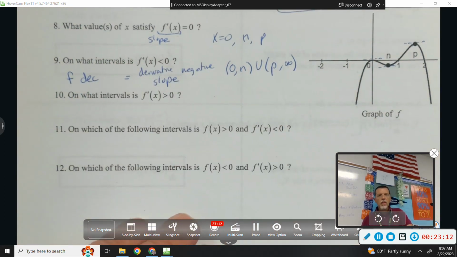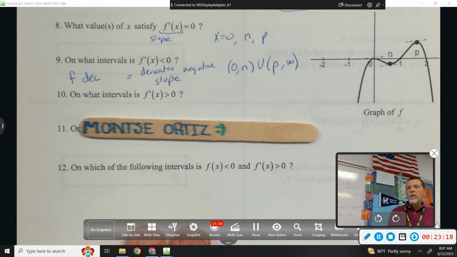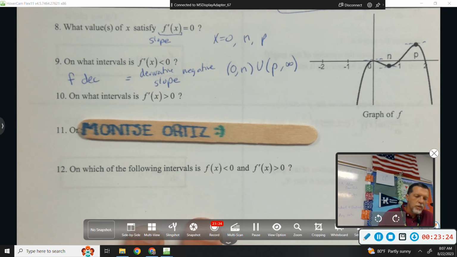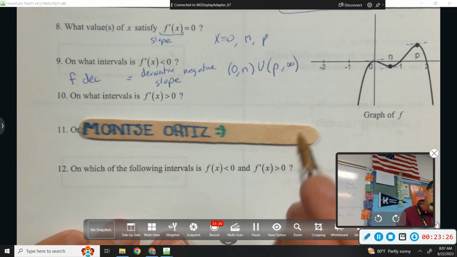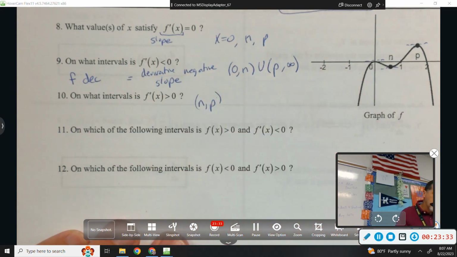On what intervals is f prime positive? Monty, give me an interval where f prime is positive, where the derivative is positive, where the slope is positive. Okay, from n to p. I like that answer. Is there any other intervals where the f prime is positive?